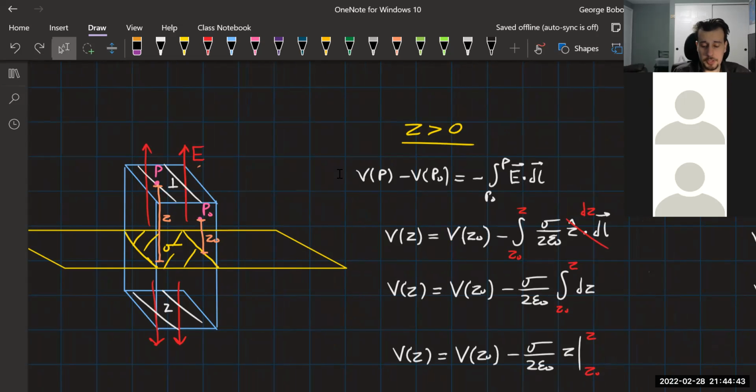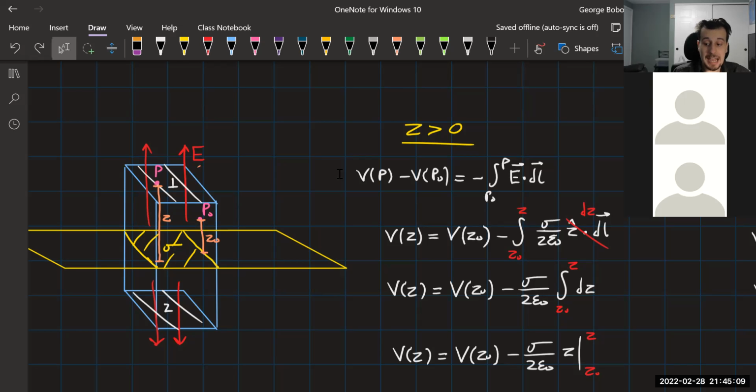Again, for the third step, you judge it. If it's an infinite distribution, please, Olivia, use a reference point at a finite distance, like I do here. If it's an infinite distribution, use a finite reference point. It's the opposite. So if you see an infinite thing, use a finite point for your reference.